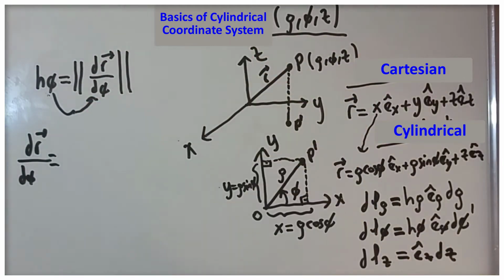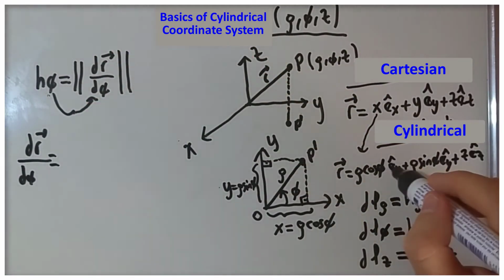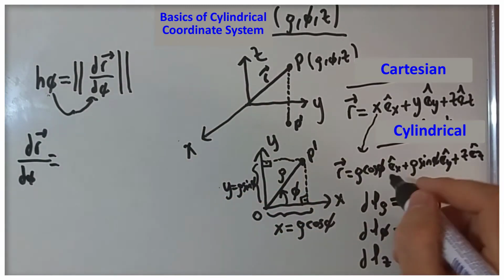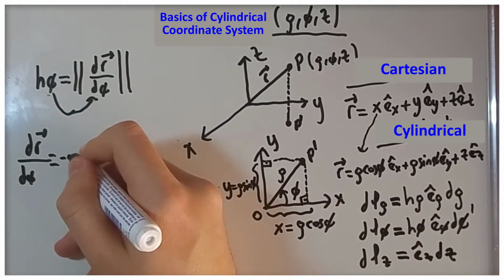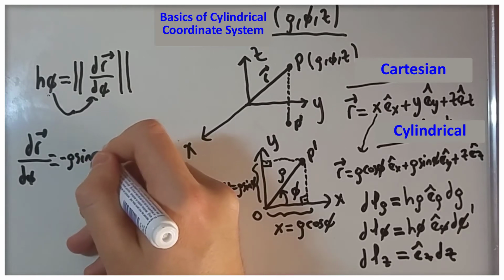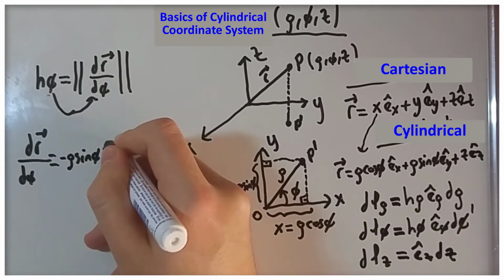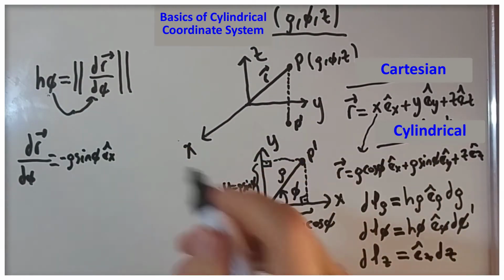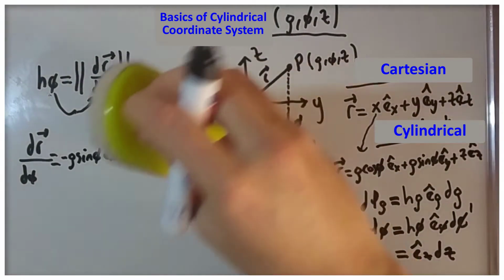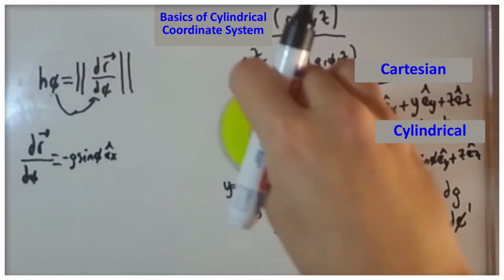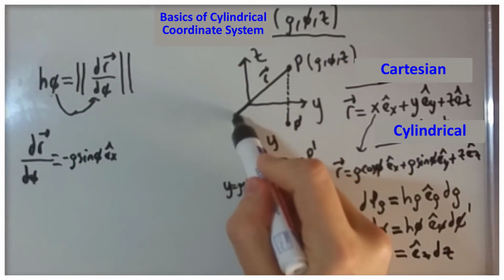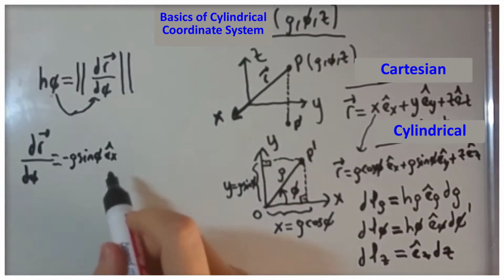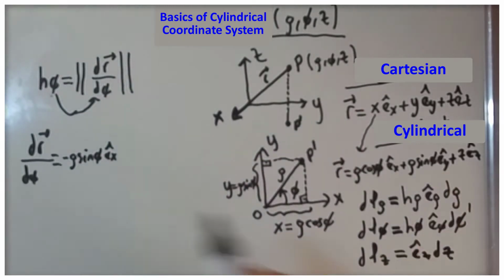Now what is the derivative of this with respect to phi? The derivative of cos is minus sin, so minus rho sin phi ex. What is the derivative of the sin?